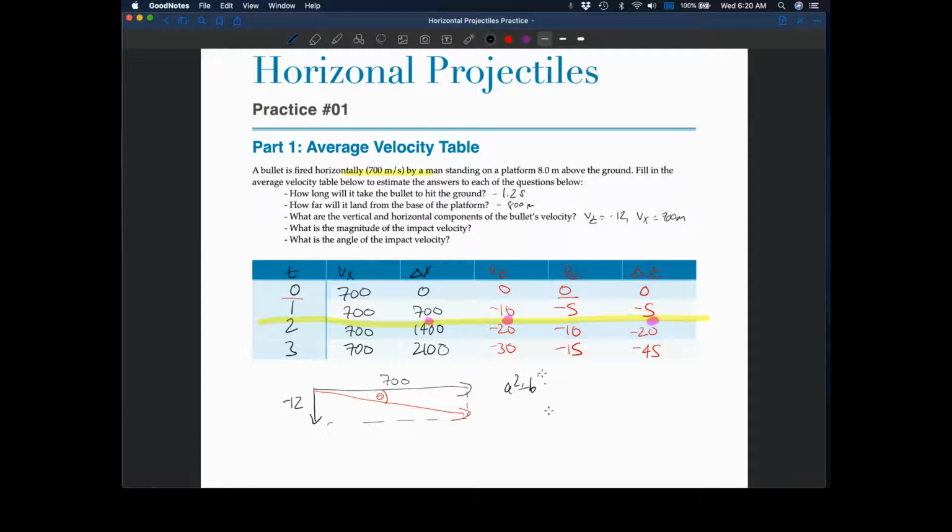So a squared plus b squared equals c squared. C is the square root of a squared plus b squared. And so that gives us 12 squared plus 700 squared, so that's 700.1.